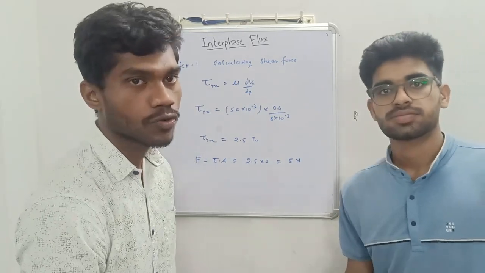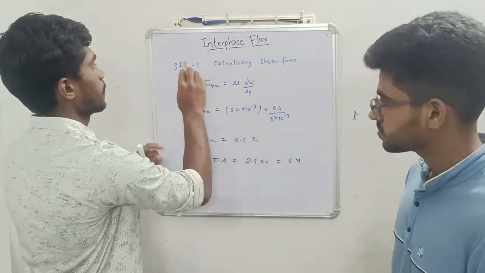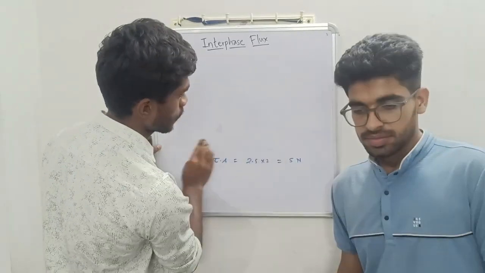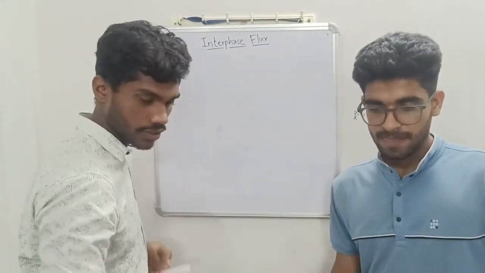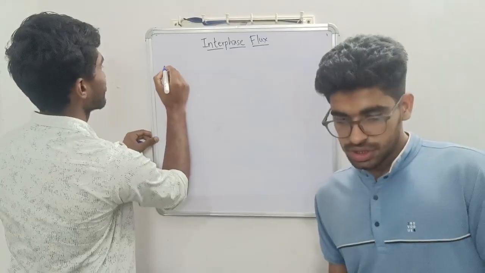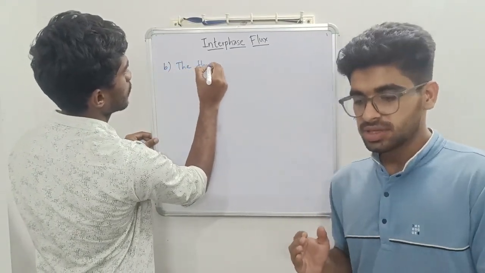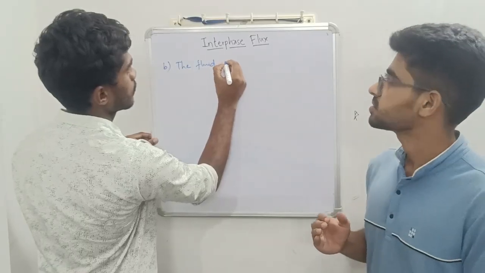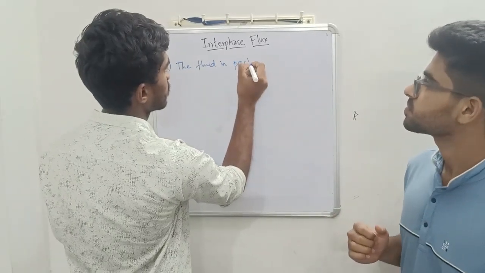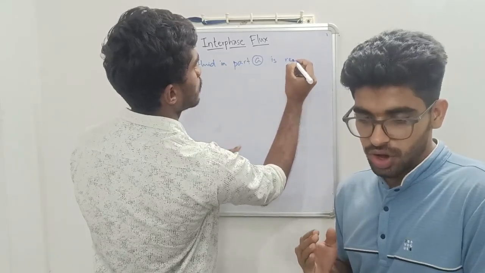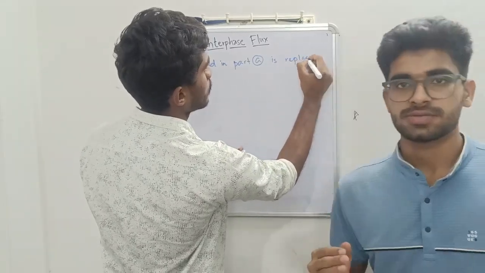So we will move on to the B part of the question. So the question is, the fluid in part A is replaced with another Newtonian fluid of viscosity 5 centipoise.